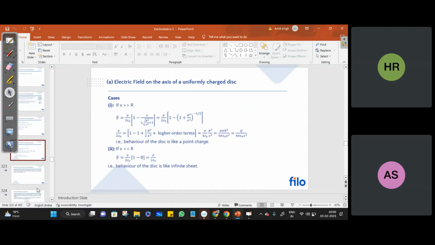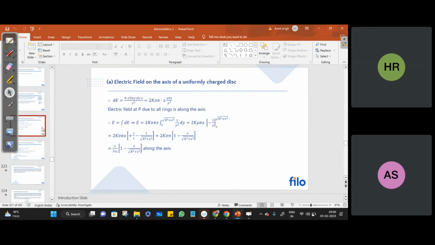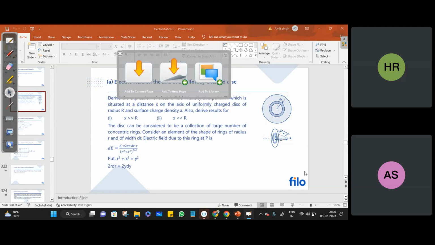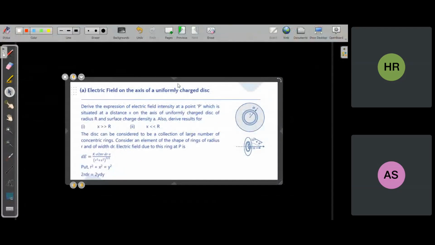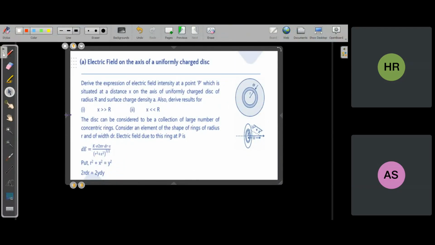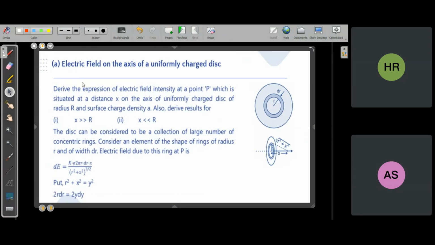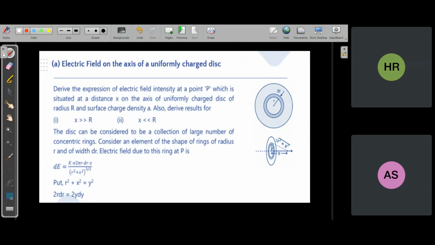Okay. So now you have to just go through whatever book you have, just go through these derivations of all the electric fields. Here you can see that if you have a disk and you have to find the electric field due to a disk, then you will take rings as the element. So first of all, you will take one element of radius r and thickness dr. This will be a strip.